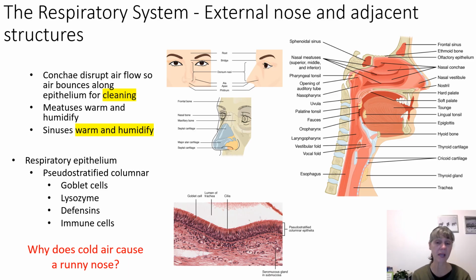And so we have cells that have an immune function within the respiratory system. And if you've ever wondered why cold air causes a runny nose, well, when there's cold air entering the nasal cavity, that stimulates goblet cells to produce more mucus to help moisten and warm that incoming air.